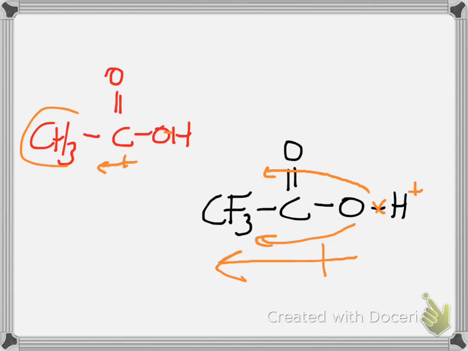So it will slip off, and that will make this a very strong acid. And remember, by strong, we mean dissociation. So it will dissociate a lot into H+ and CF3COO-, as opposed to this one right here, where there's not a very strong pull for the electrons. They'll stay pretty evenly central, and so this H+ isn't really going to slip off very often. It's going to stay happily attached.